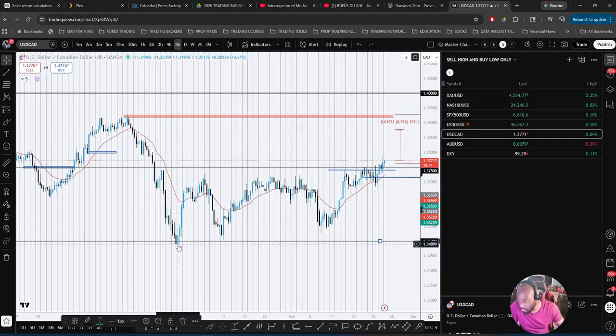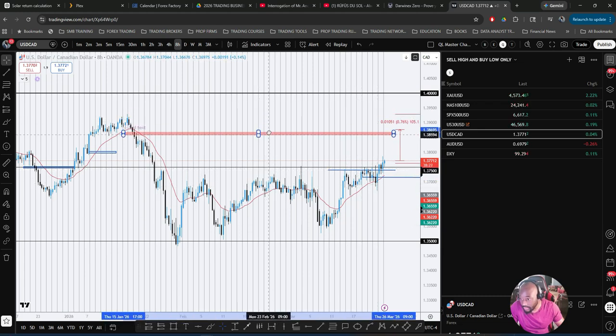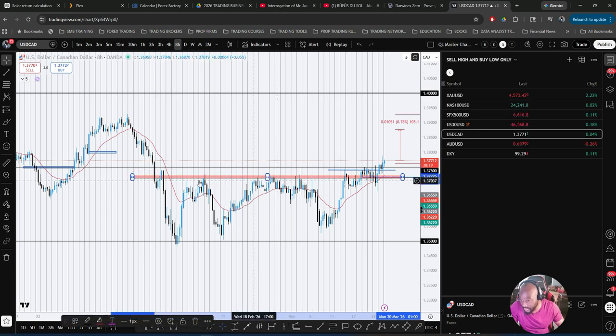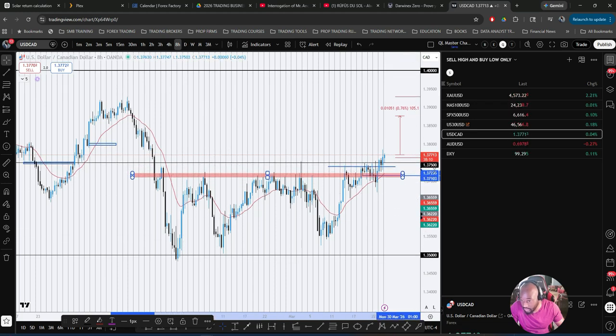So price bounced off this quarter level right here, and then subsequently went into a long time range, and then as you can see, just started coiling up inside this 20 EMA, higher highs, higher low, higher high, higher low, and then we're breaking this level right here, which is we're breaking this resistance area right here, as you can see, and price also is breaking this quarter level at 1.3750, and we're targeting the beginning of the impulsive move back from mid-January.